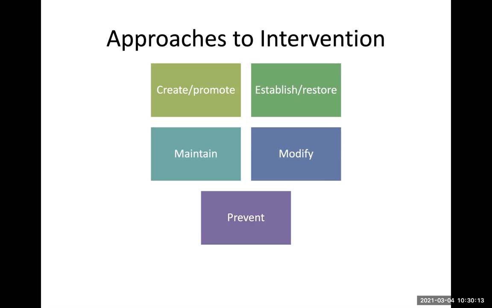Now, if you go on down table 13, you can see the second one is establish and restore. Now, think of this as more really kind of what a lot of people think about as rehab. It's a remediation or restoration of skills.